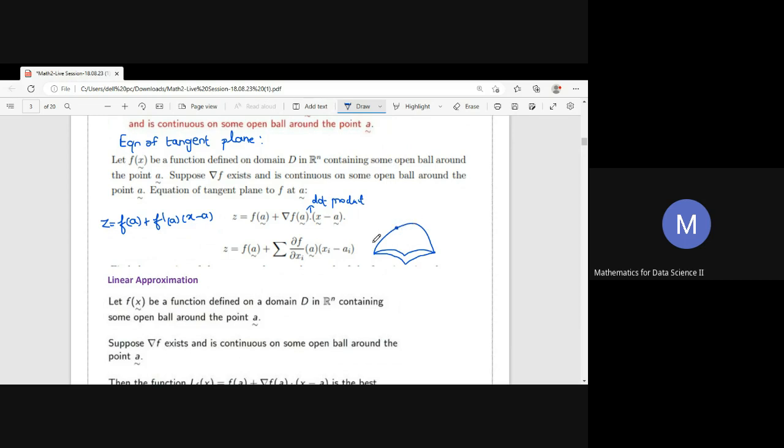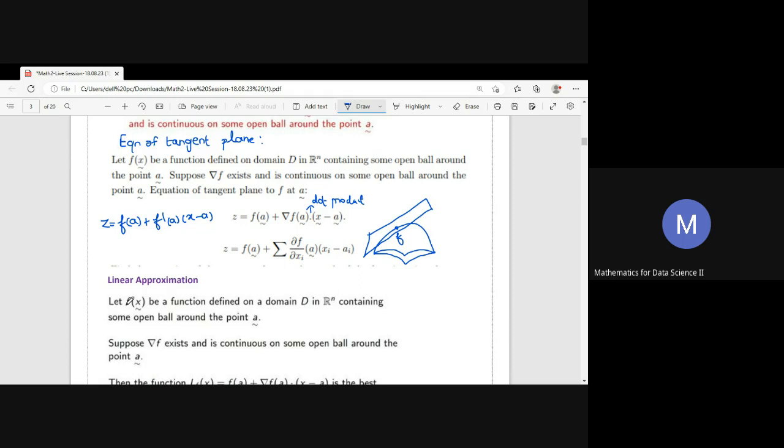Near this point, what can be an approximation for this function f? And it should be a linear function. If you are considering a line, then that line is a linear structure. And also if you are considering a plane passing through this point and containing the tangent plane, then that is the linear approximation for this function.